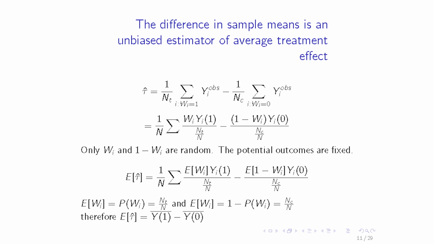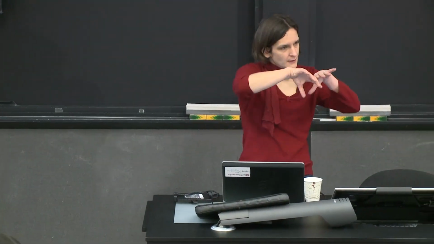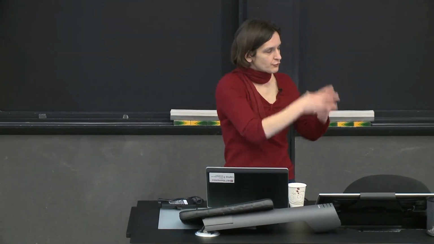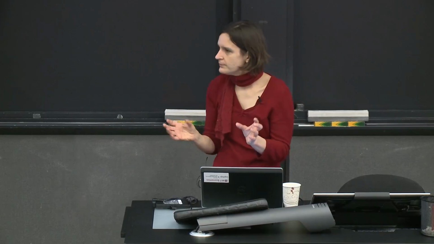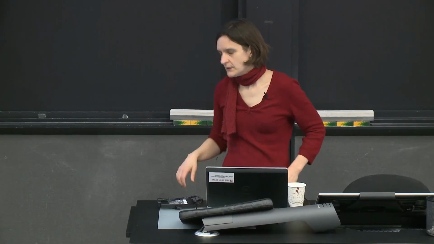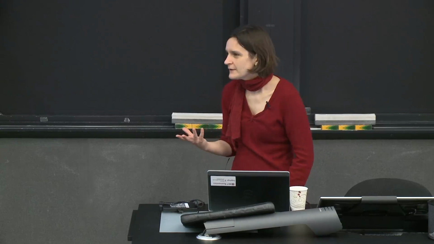So these drop, and we are back to the average treatment effect. So the difference between the mean of the treated group and the mean of the control group is an unbiased estimator for the average treatment effect. That might not be a revelation, but it's good to know that it's actually true.